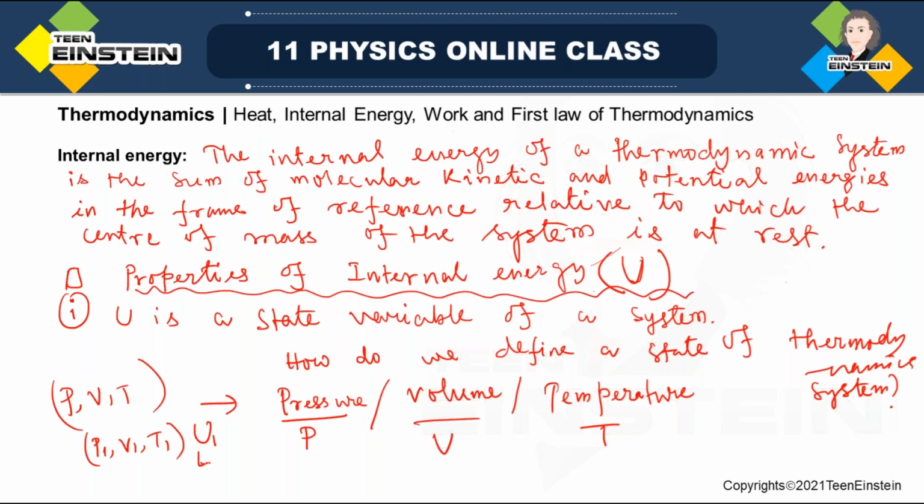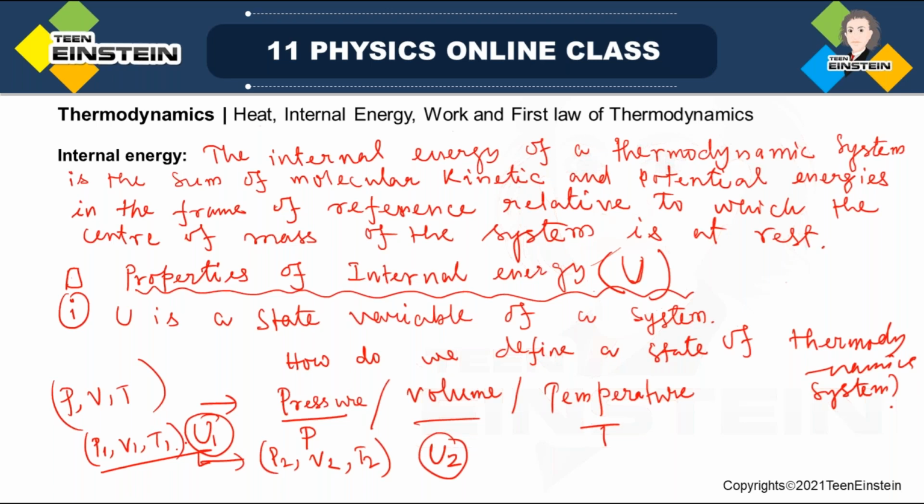Now, if we somehow change the state of the system to P2, V2, and T2, then it will have some other internal energy, suppose U2. These U1 and U2 are not the same, because internal energy depends on the state.